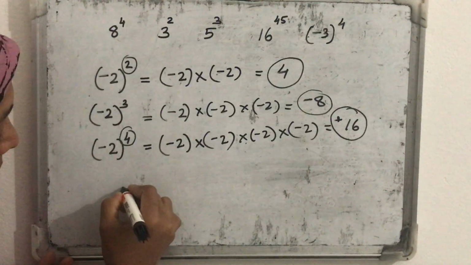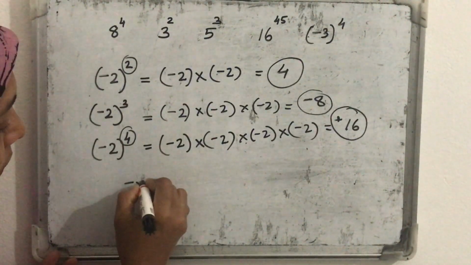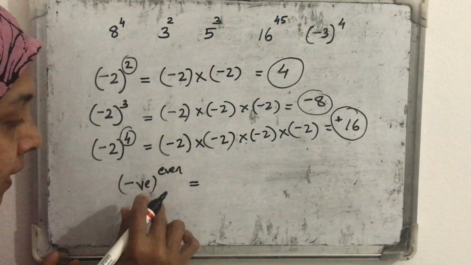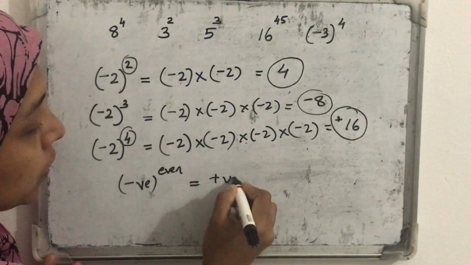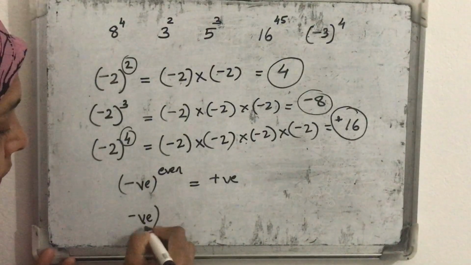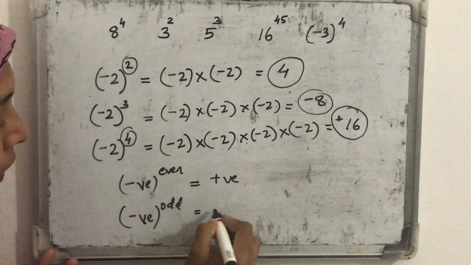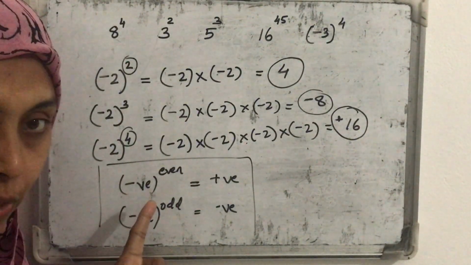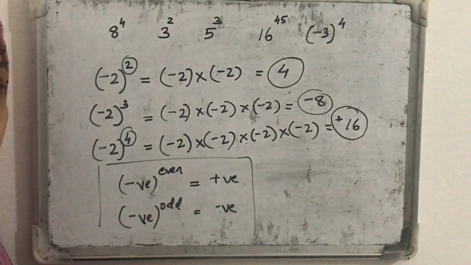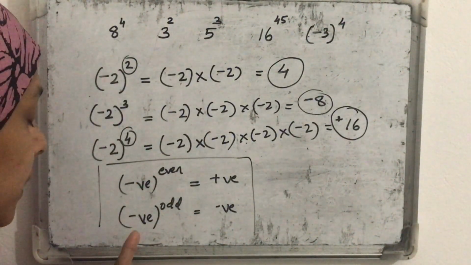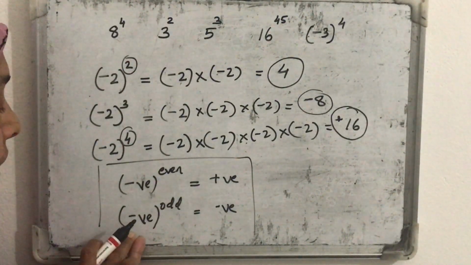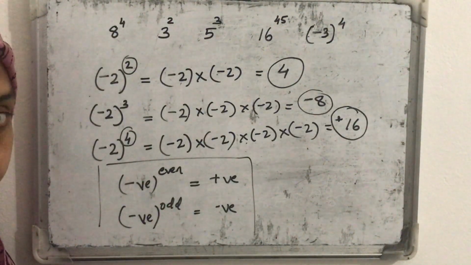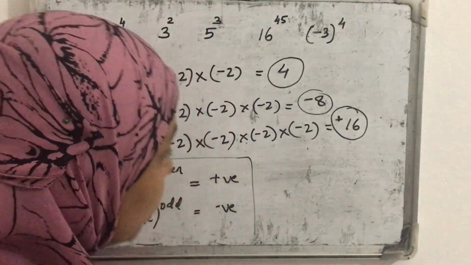A negative number with an even power has a positive value, and a negative number with an odd power has a negative value. This general form we want to know.